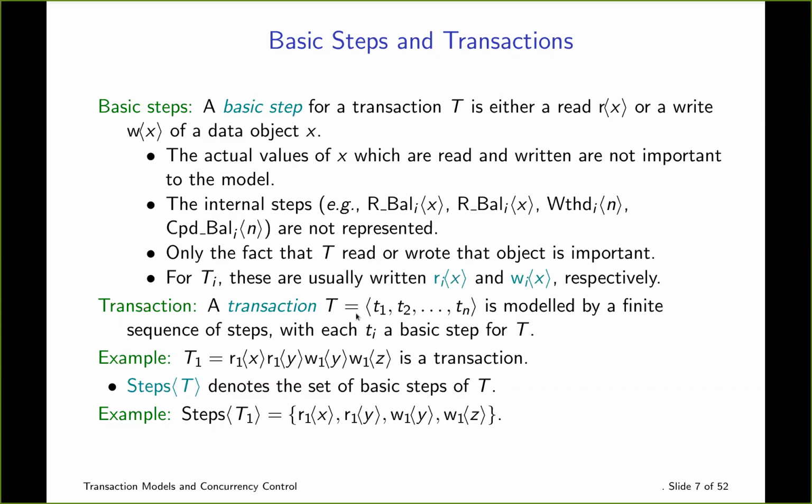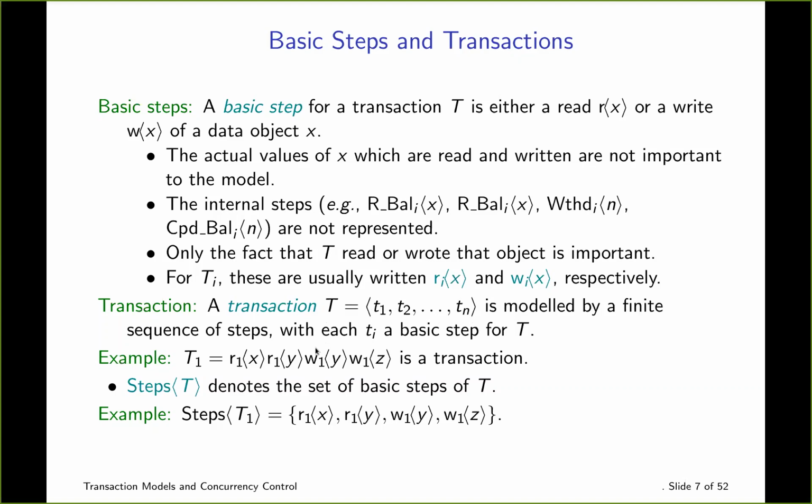So an actual transaction is just going to be a finite sequence of steps. So it's in order, right? You can't change the order inside the transaction itself, otherwise it makes no sense. It's a sequence of steps, represented as just a sequence here, T1.